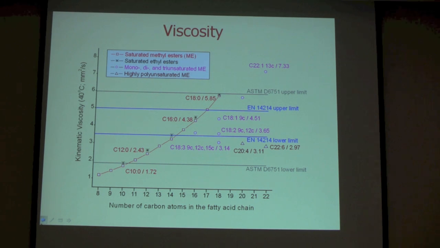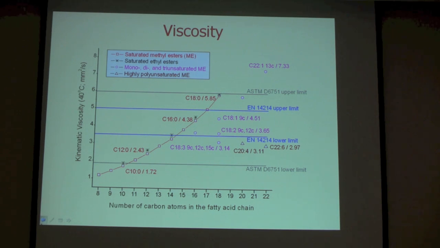The blue bars indicate what EN 14214 allows. And of course the symbols in between the ranges mean that these components would not cause the biodiesel to violate, or not meet, the specifications for viscosity.